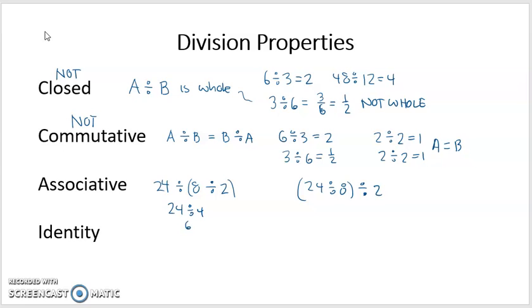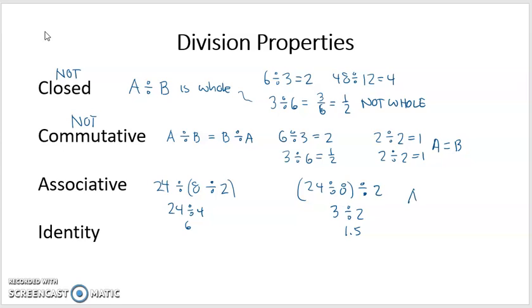So let's see if we get 6 on this other side. So 24 divided by 8, that's 3. 3 divided by 2 is not 6. That's, what is that, 1.5. So again, if you can find just one case where it's not true, then it's not associative. Here's a counterexample.